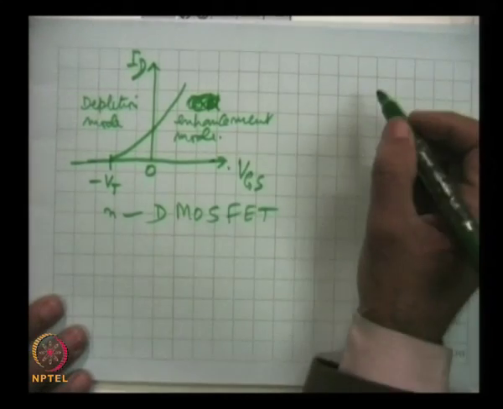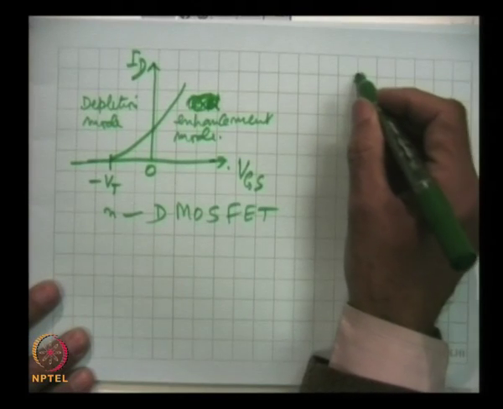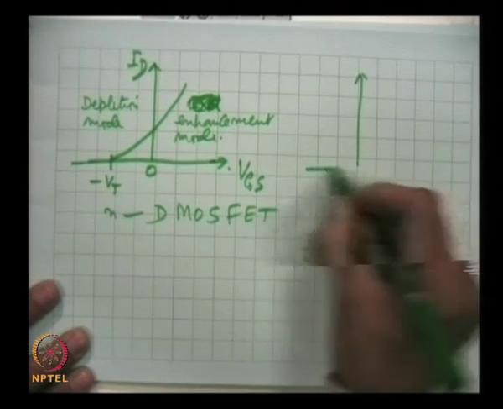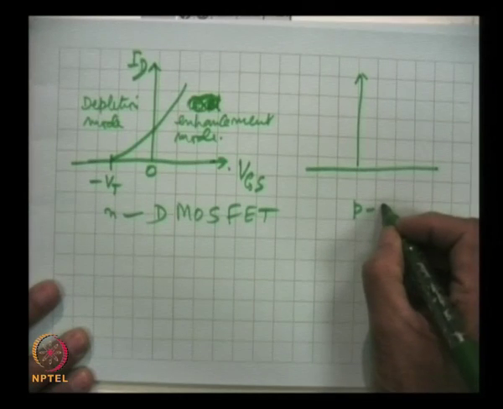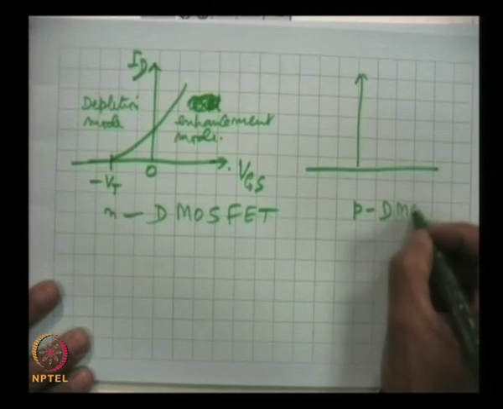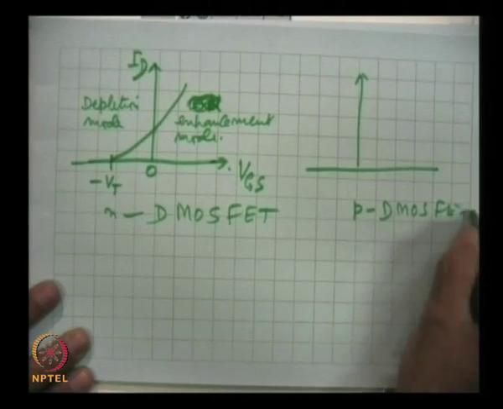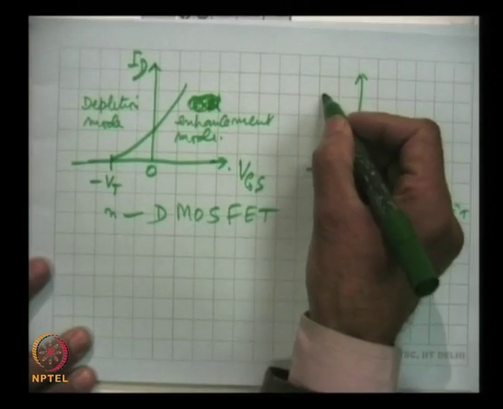For p channel MOSFET, which we call popularly as p depletion MOSFET, this plot will be like this.